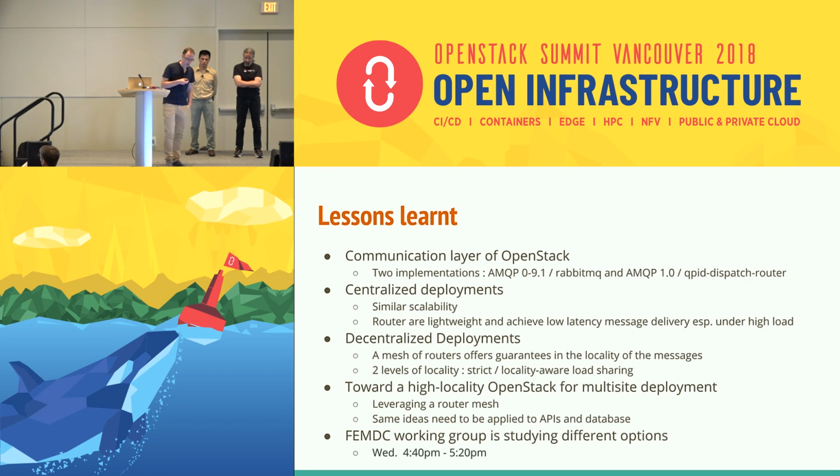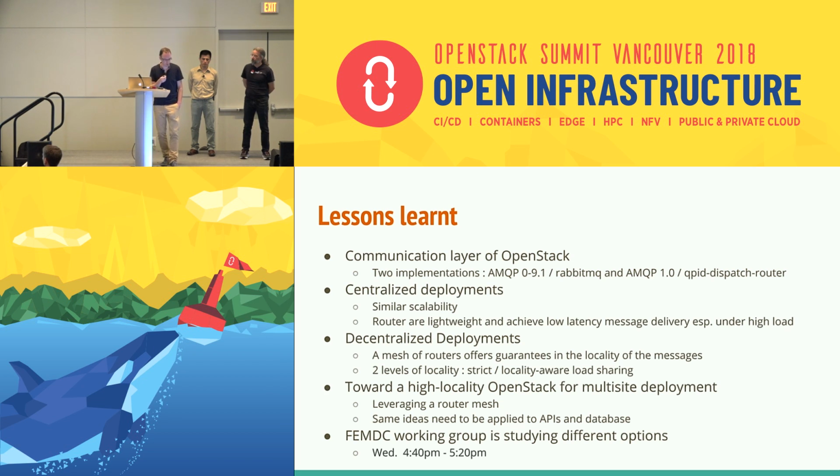In centralized deployments, in terms of scalability, you get similar scalability, but what is important to note is that routers are lightweight and achieve lower latency, especially under high load. This is especially interesting when you go to the edge. Because routers are lightweight, you can afford to deploy them at the edge more easily.